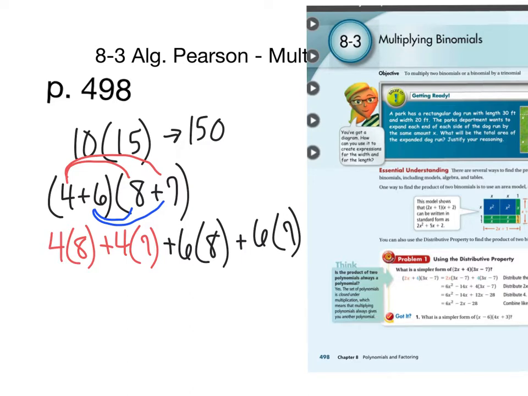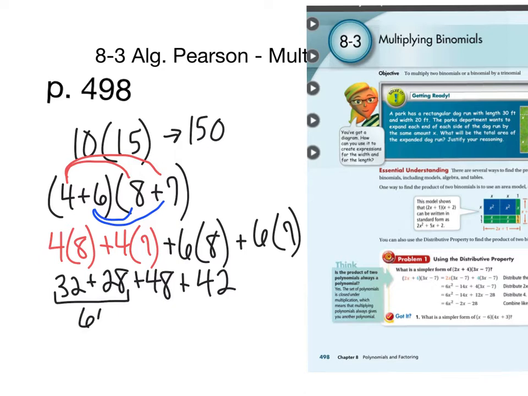So if we work this out, 4 times 8 is 32. 4 times 7 is 28. 6 times 8 is 48. 6 times 7 is 42. And then if we start adding these together, they're all being added, so we can add in whatever order we want. 32 plus 28 adds up to 60. 48 plus 42 adds up to 90.